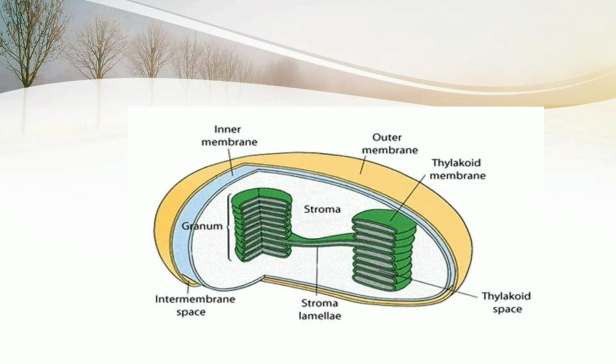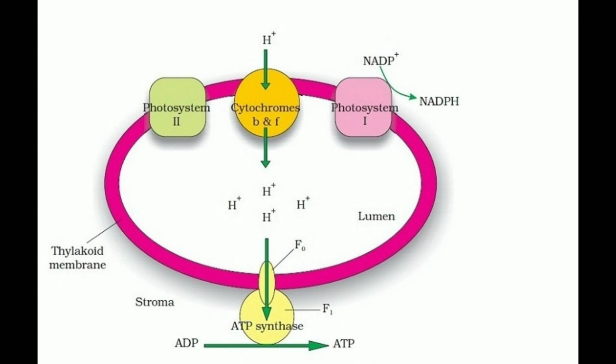So there is a protein called F0 and a protein called F1. Here F1 has an ATPase enzyme, so F1 acts as the enzyme for the synthesis of ATP.